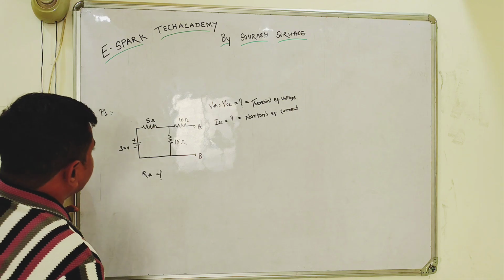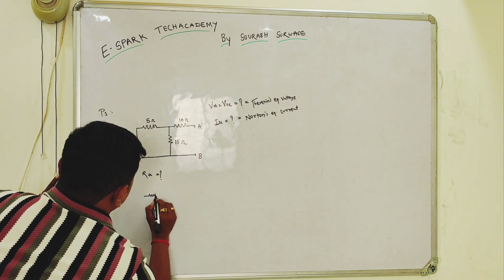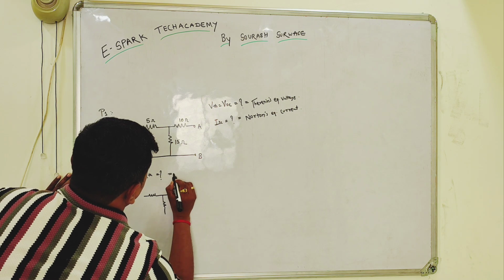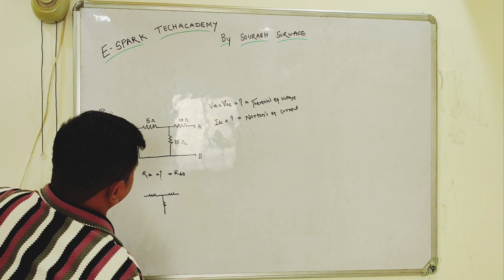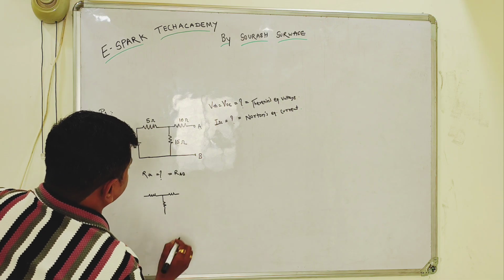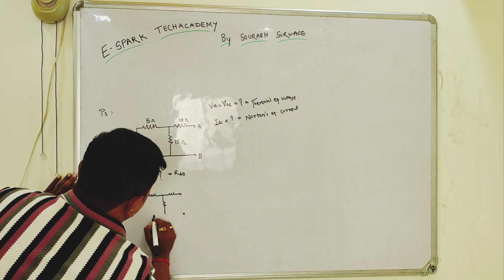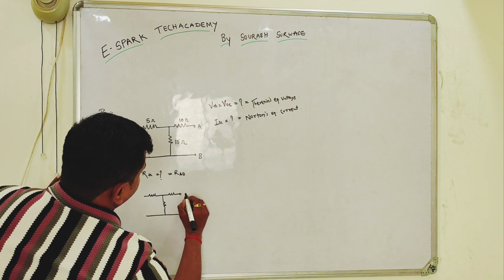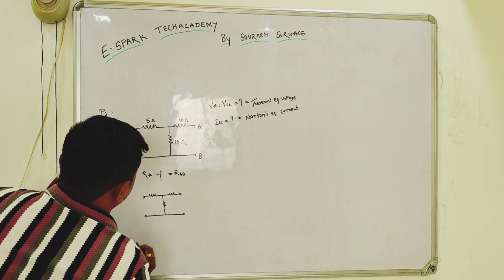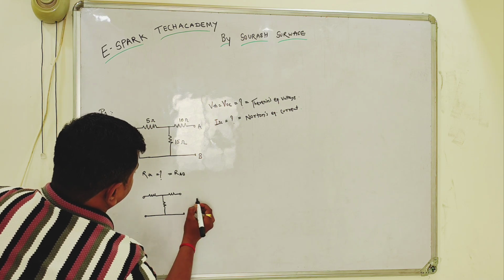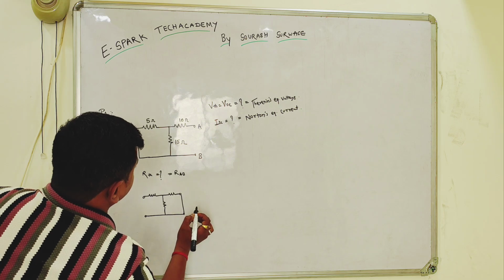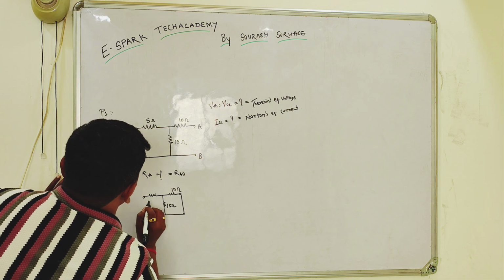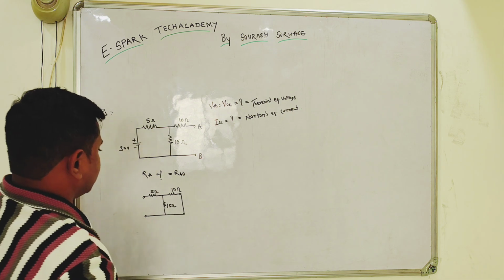In RTH, as we will calculate the RTH across RAB, that's why this will be open circuited, and here we have the 10 ohm, 15 ohm and 5 ohm resistors.